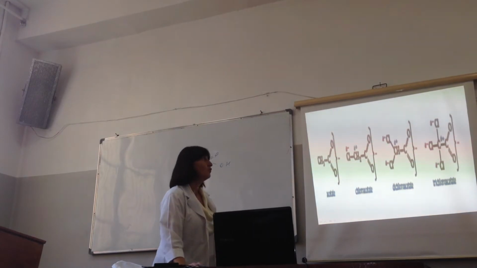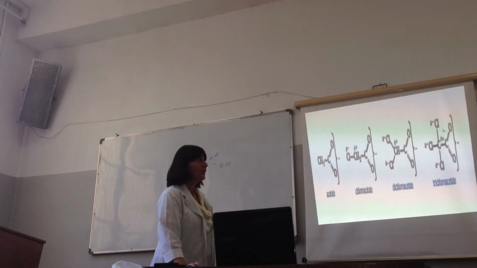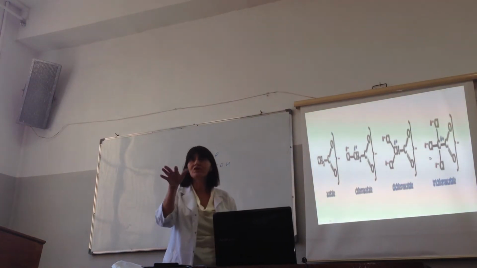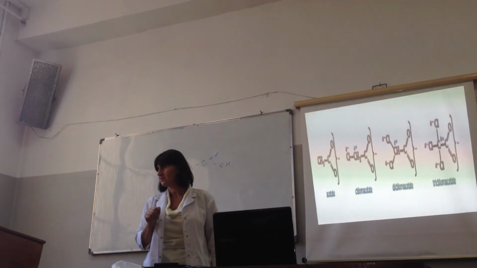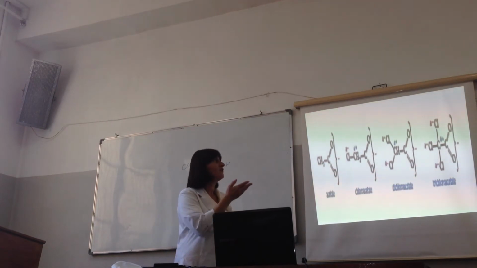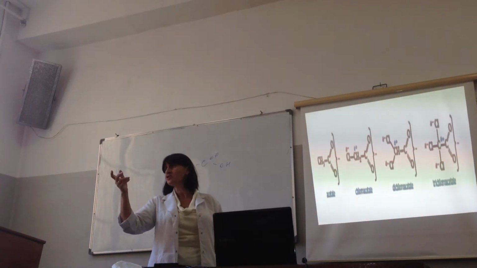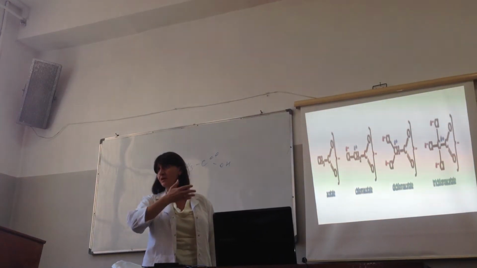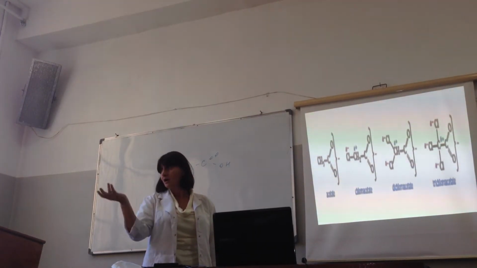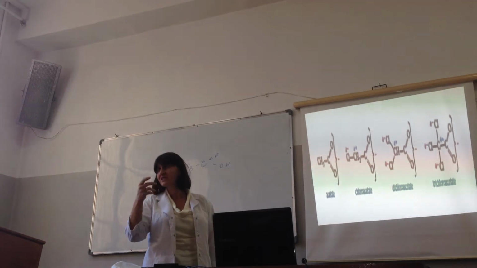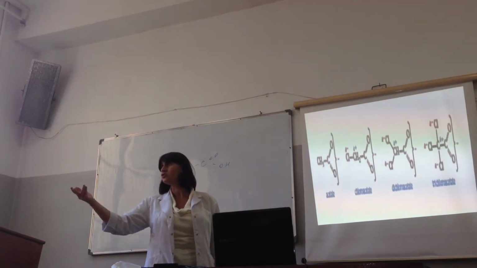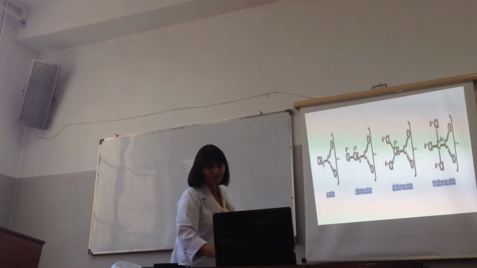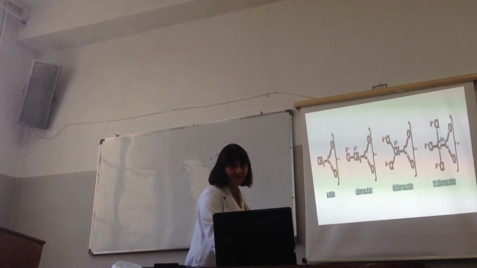Now, if we compare the strength of this acid, it has equal strength to sulfuric acid. So it's very strong. And of course, if you change your halogen to a more electronegative halogen, for example fluorine, the acidity increases too. Why? Because fluorine's electronegativity is higher than chlorine's electronegativity.